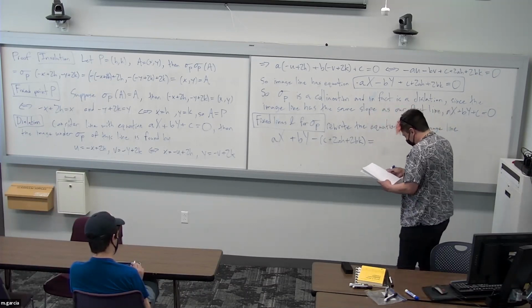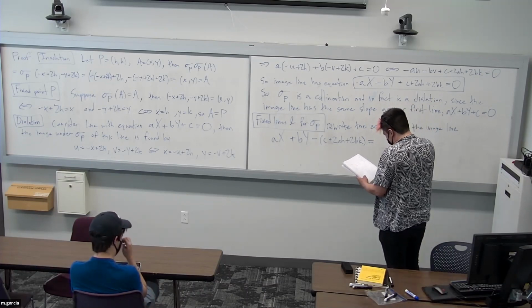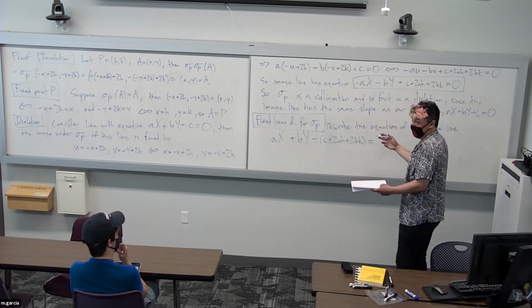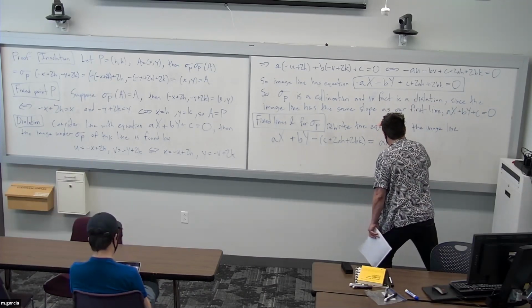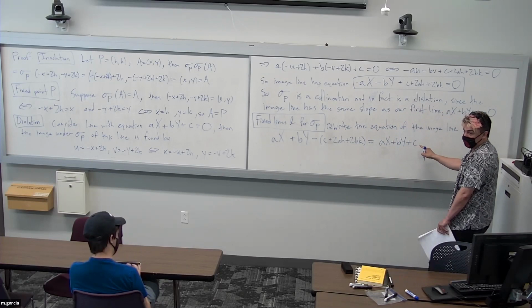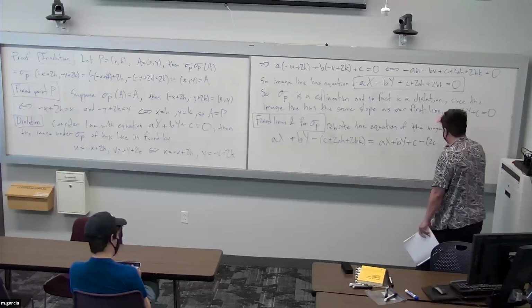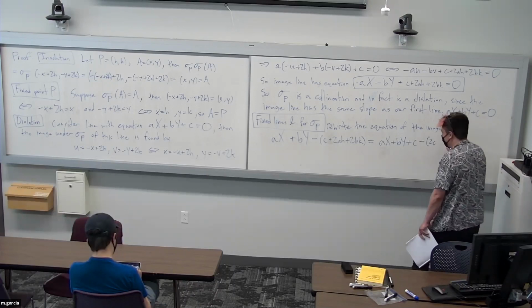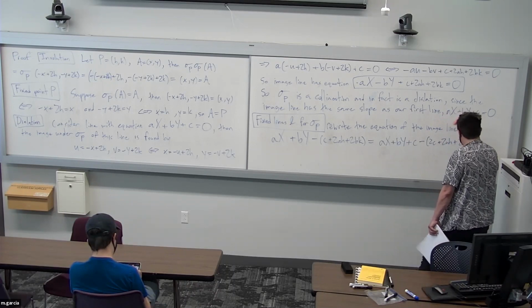What I'm going to do is add and subtract another copy of C. Okay, so ax plus by plus c, there's my added in copy, minus 2c, that's my subtracted copy, plus 2ah plus 2bk.